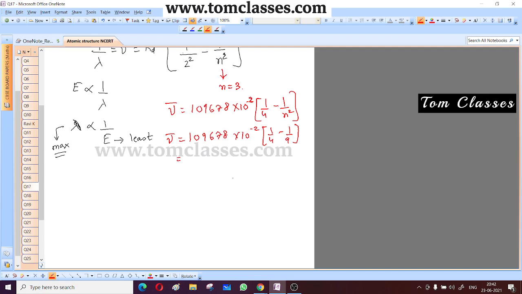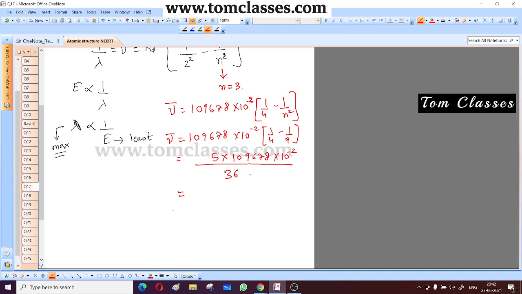So let's try to do this calculation. So this calculation will be 9 minus 4, that is 5 by 36, into 109,678 into 10 to power minus 2. So how much is this value?